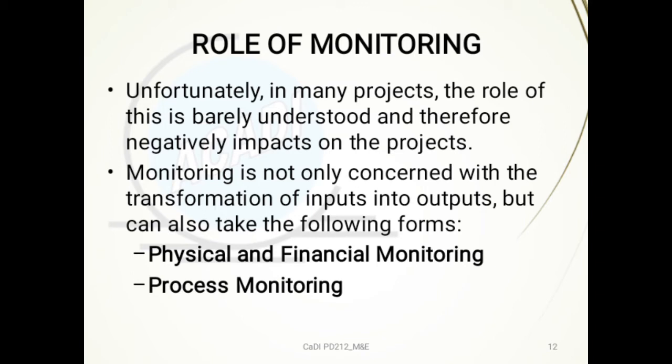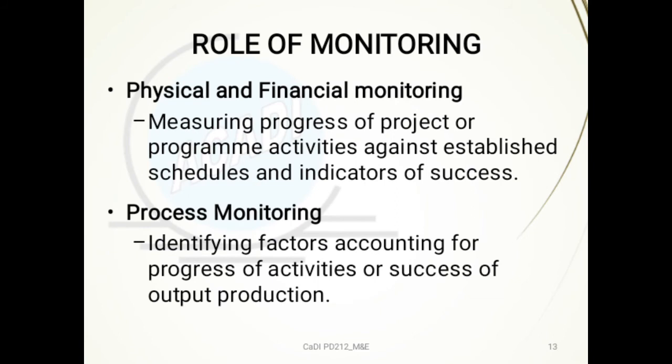Monitoring is not only concerned with the transformation of input into output but can also take the following forms: physical and financial monitoring, process monitoring. Physical and financial monitoring talks on measuring progress of project or program activities against established schedule and indicators of success.